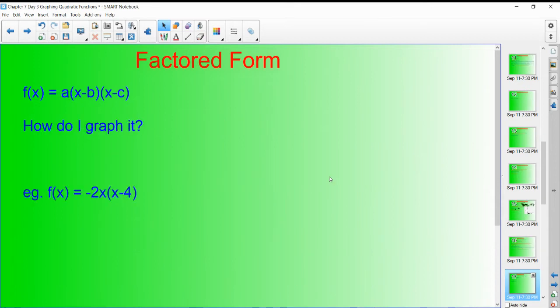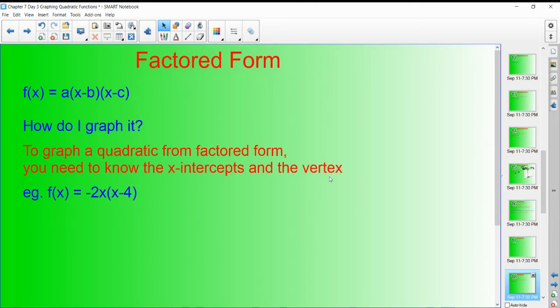So in this case, the question is still, how do I graph it? What pieces of information would help me? Now, since you can find the vertex after you found the x-intercepts, we're going to use those 3 points. You need to know the x-intercepts and the vertex.